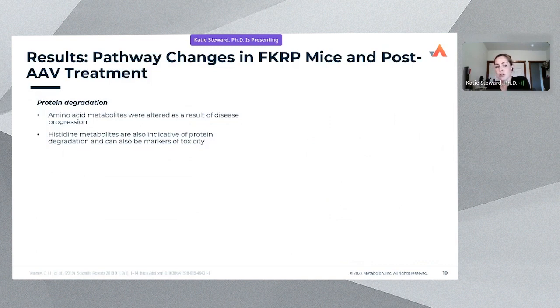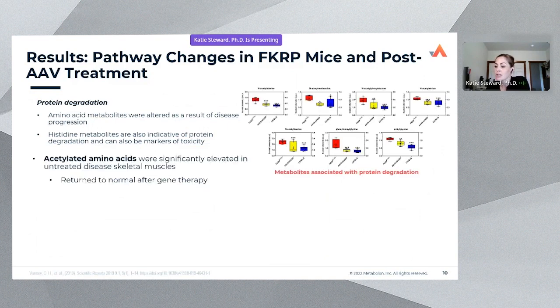Specifically, protein degradation was one that was significantly different based on the phenotype of the FKRP versus the control and the AAV treatment. Amino acids and metabolites showed big changes between the FKRP and the control group, which was indicative of protein metabolism and catabolism being really affected because of this phenotype. So you can see here we're showing acetylated amino acid box plots.